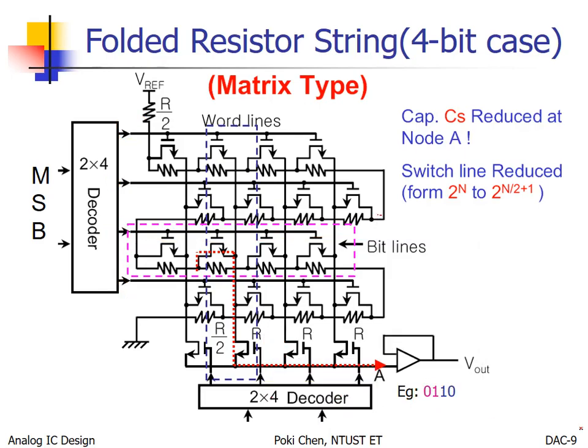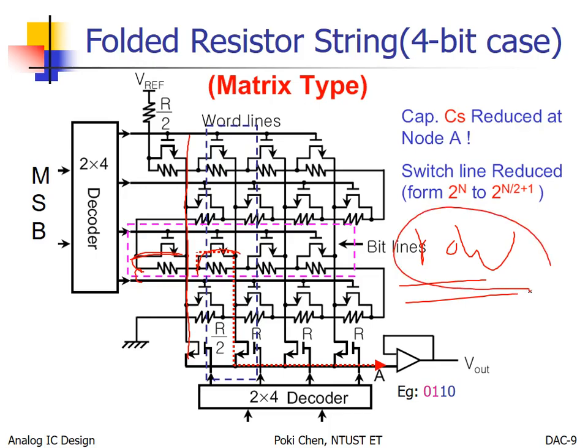The switches turn on. You can see the node voltage will be connected to the vertical column. So we select the correct horizontal row. We connect all the node voltages of the correct row to the columns.